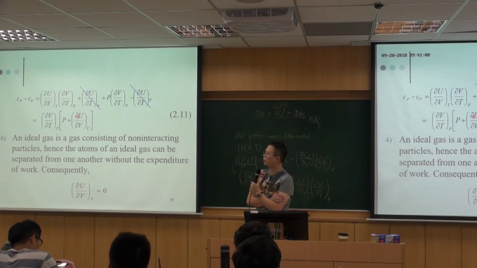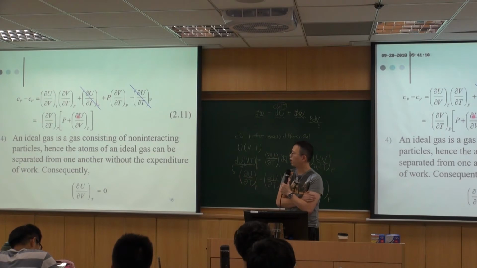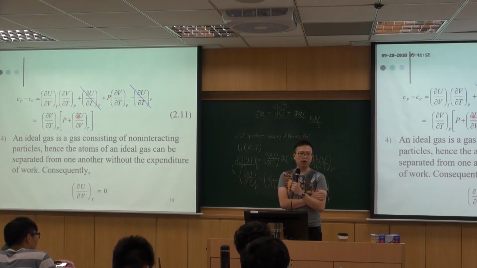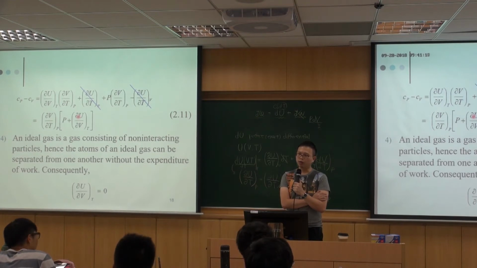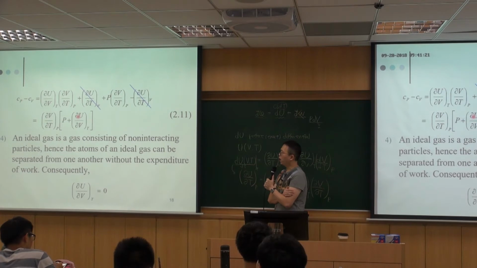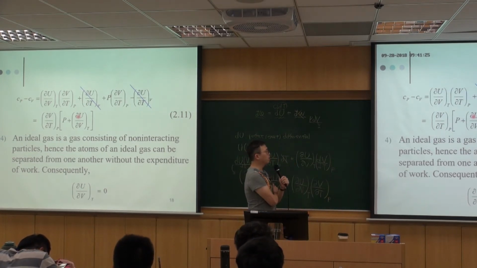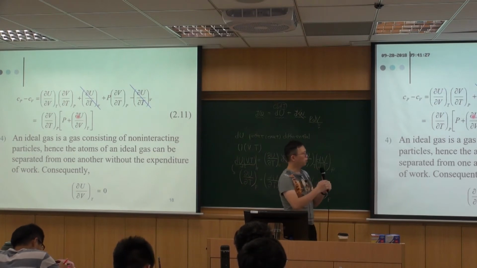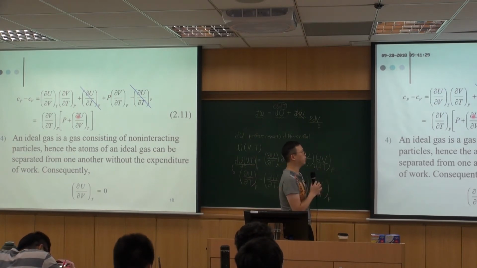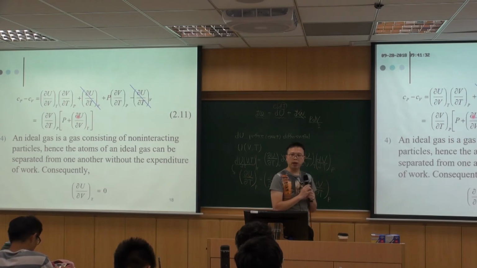If you're dealing with an ideal gas, the reason why we call it ideal is because the gas particles don't interact with each other, right? Those particles don't have interaction among each other. So if you want to move one particle away from the other, you don't have to spend any energy.